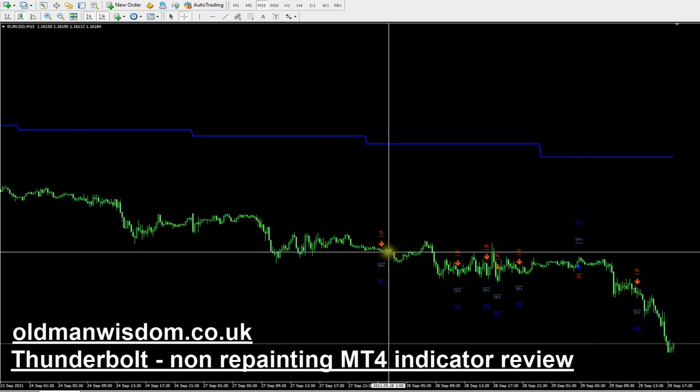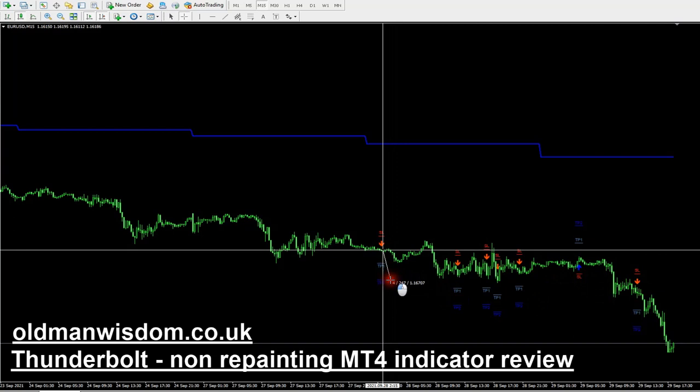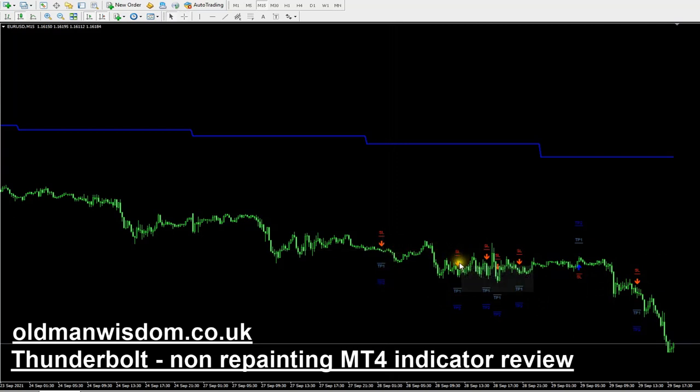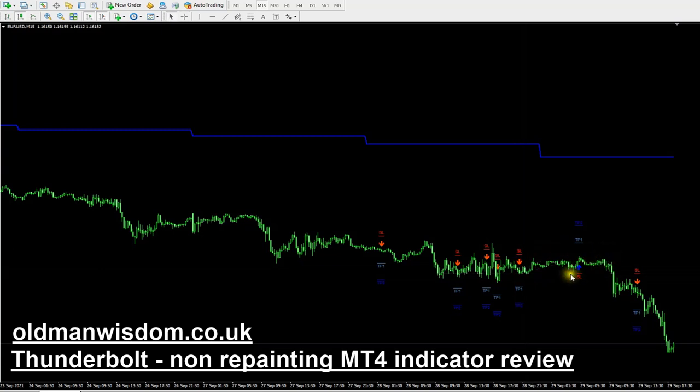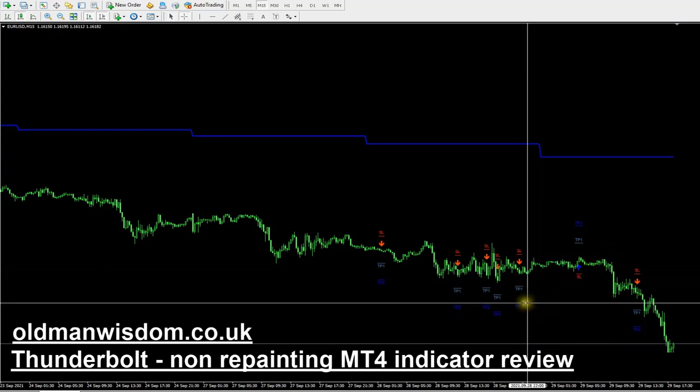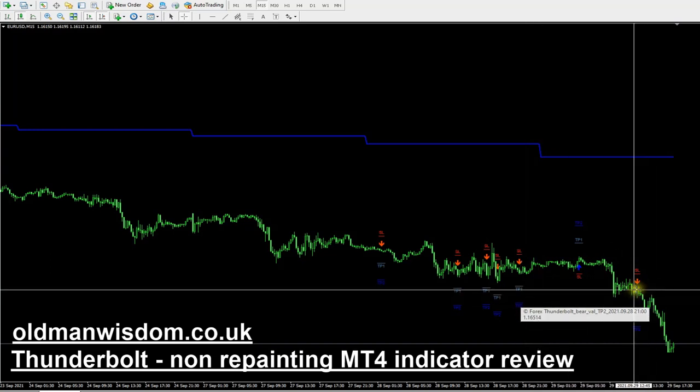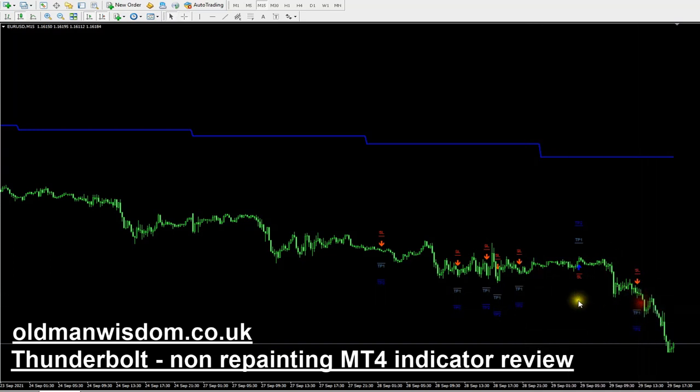This one you would have won just about, but you'd have lost this one, this one, this one. This one would have been okay, just about. You'd have won it right down here on this candle, and you would have missed this trade anyway. So I don't know, there's a lot of signals going on here.